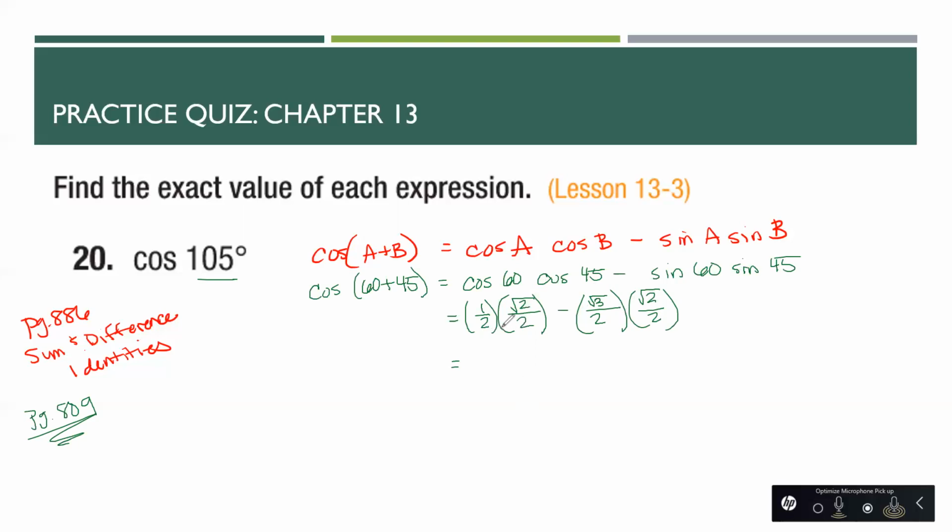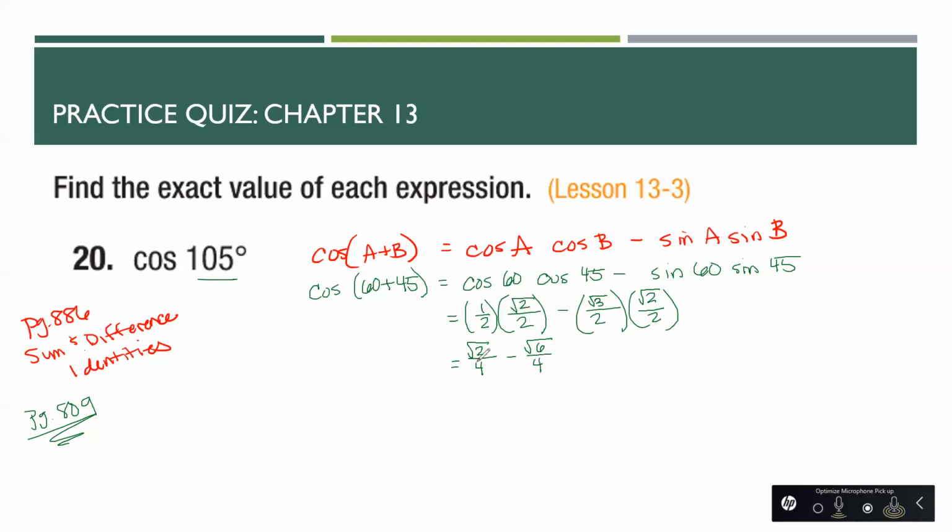Here, we're multiplying these fractions. So we've got 1 times radical 2, so that's radical 2, and 2 times 2, which is 4, minus radical 3 times radical 2, which is radical 6, and 2 times 2, which is 4.